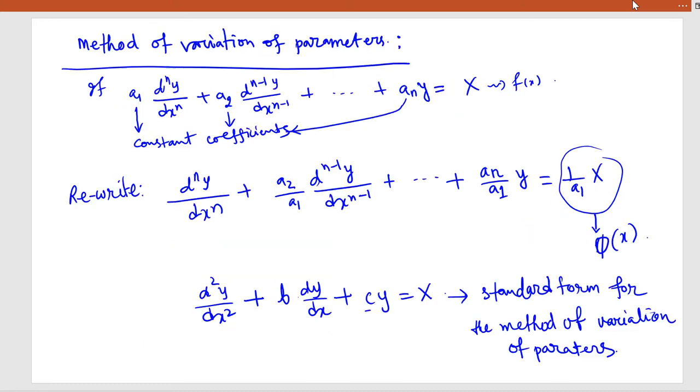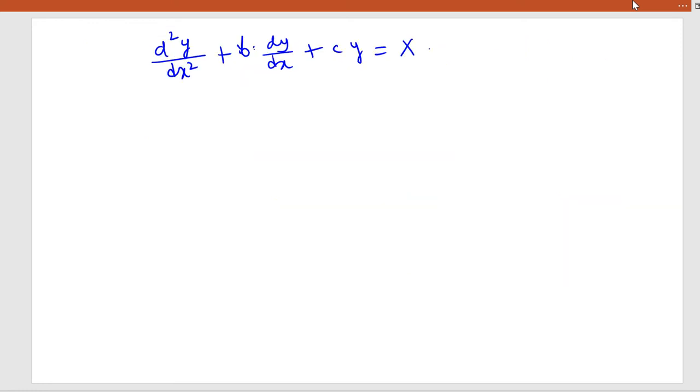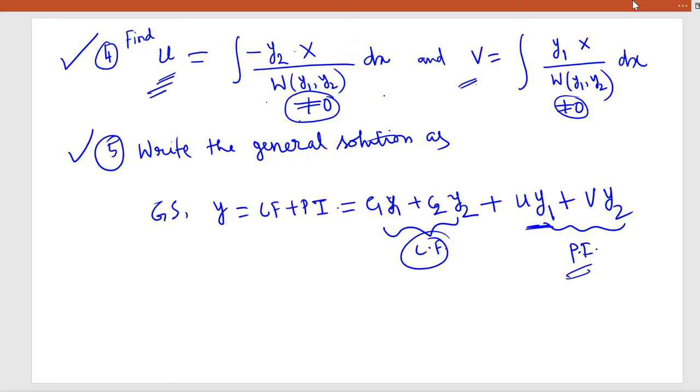So in that case, if you can find these two unknown parameters using this formula, then you will get your particular integral, and this is your complementary function. So you can see that with the help of the complementary function, we can get the PI. That will be our approach. Now to understand how this formula is valid, we have to understand how this is coming.